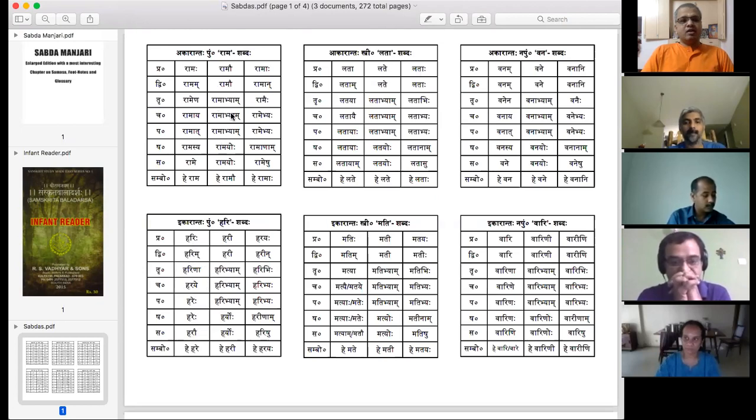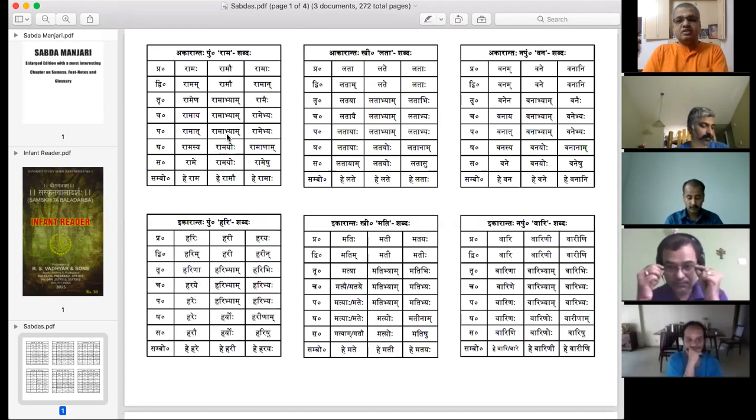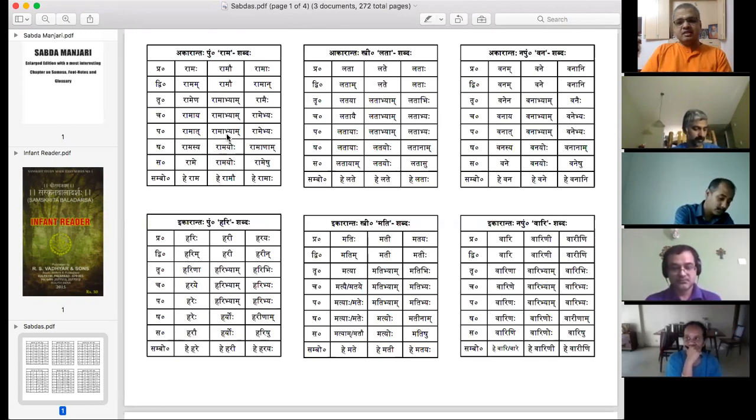The second column is dual, that is two numbers. This is unique to Sanskrit. In English and other languages, we have either singular or plural. But in Sanskrit, we have another number, dual.